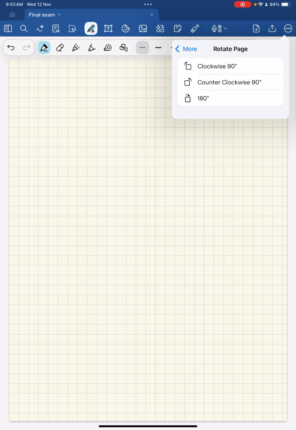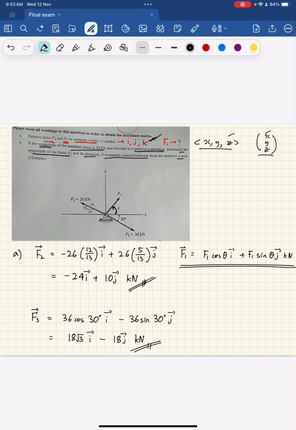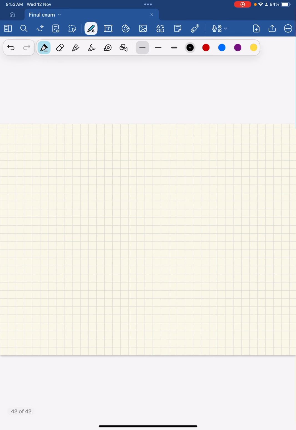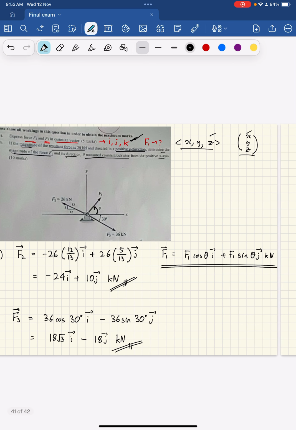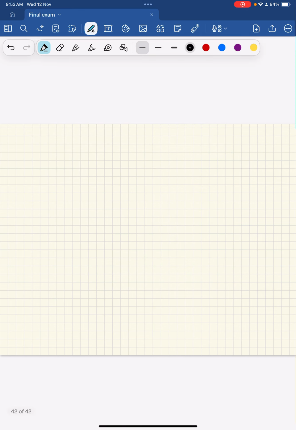If you can follow, we already know F2 and F3, but F1 we don't know. What we do know is the magnitude of the resultant, sorry, not F1.